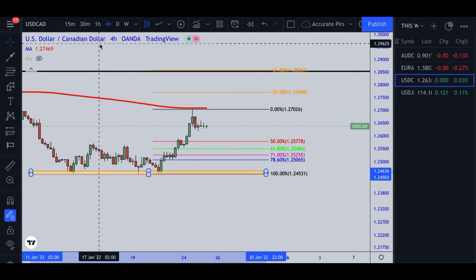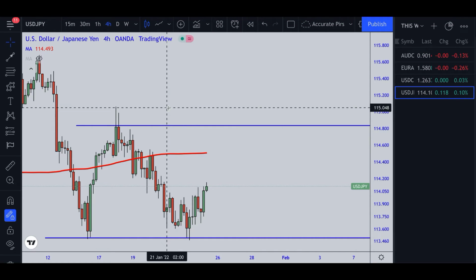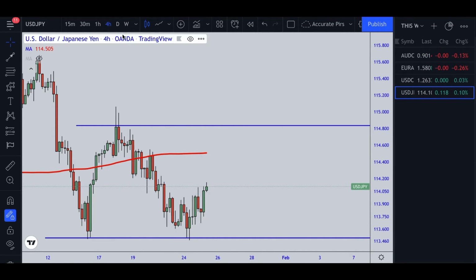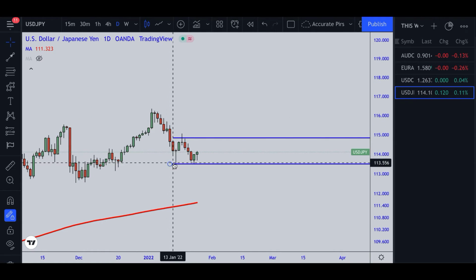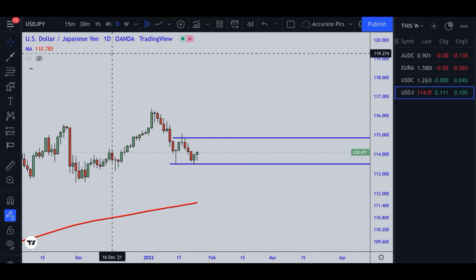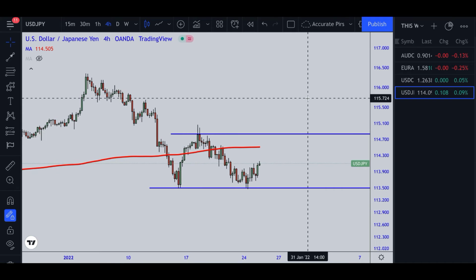So let's move on to USDJPY. With USDJPY, looking at the daily time frame, we've hit this support level once and twice. One, two. So let's look at the 4-hour time frame.